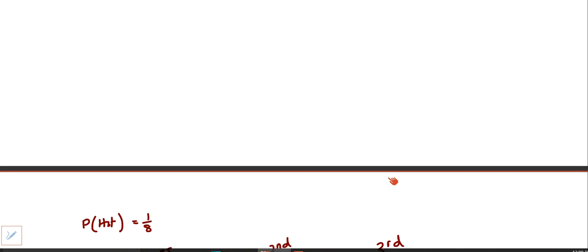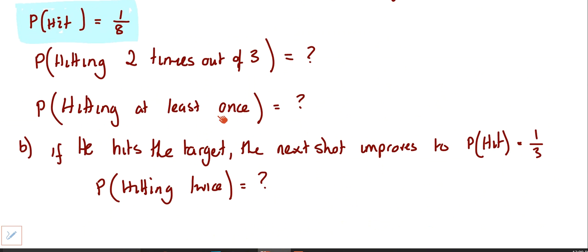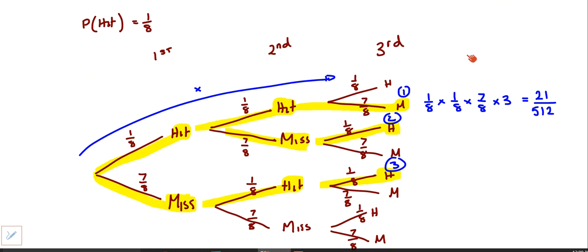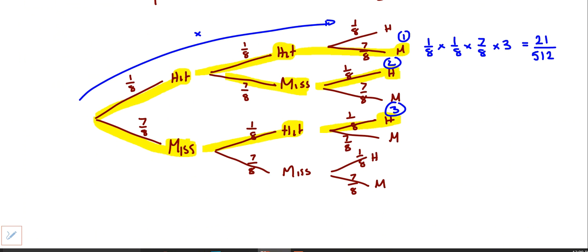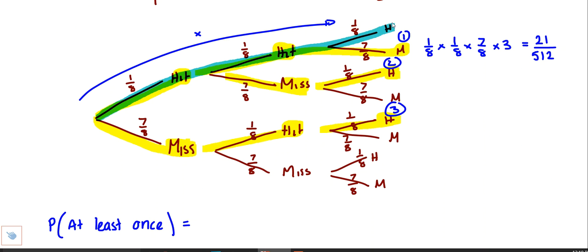Now, the next question was, what's the probability of hitting at least once? This is a very common question. It could be hit, hit, hit.